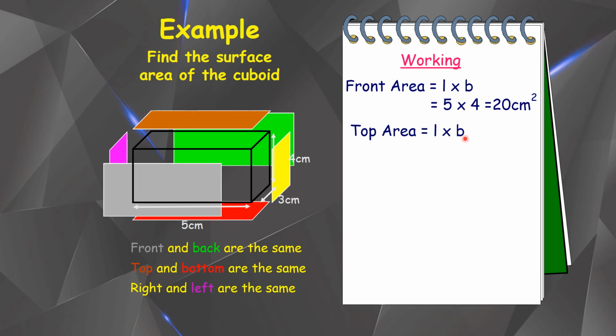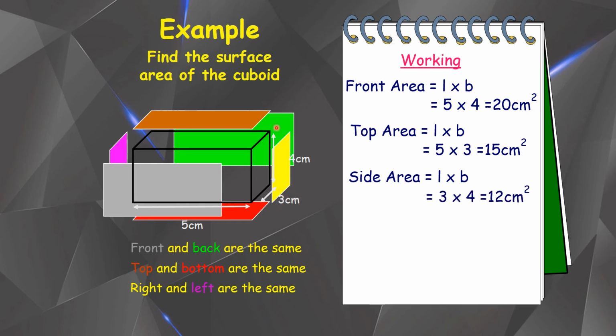So we'll use the same formula, length multiplied by breadth. See, the length is 5, and what's the breadth? Look at this, provided already: 3. So 5 times 3 will be 15 centimeters square. Next, the side area, L times B. We know 4 multiplied by 3, or 3 multiplied by 4, will give you 12 centimeters square.